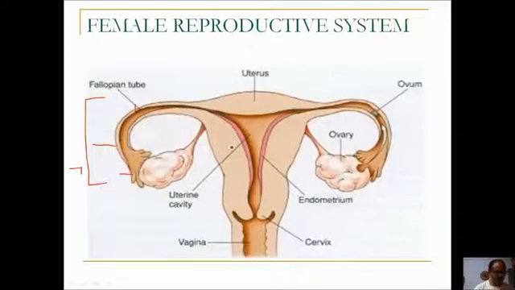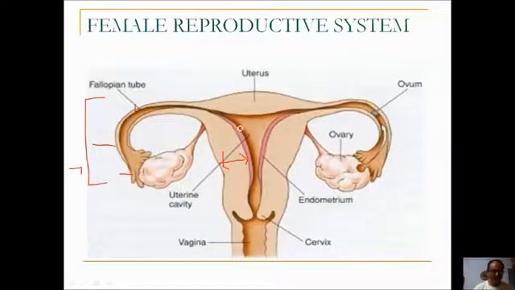connected with the uterine cavity, and this uterine cavity is a thick cavity which has three important layers. The innermost layer is called what? Endometrium, because it is inside. Endo means inside. The myometrium, myo means muscular, so it is a muscular structure.